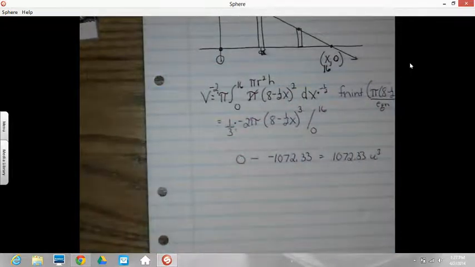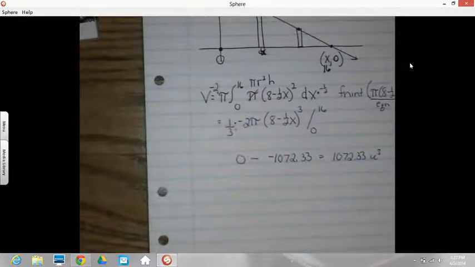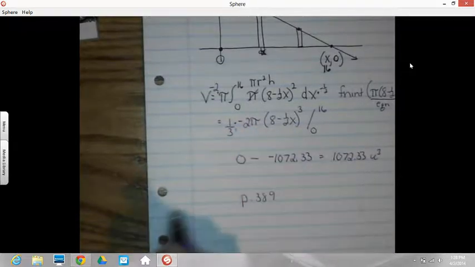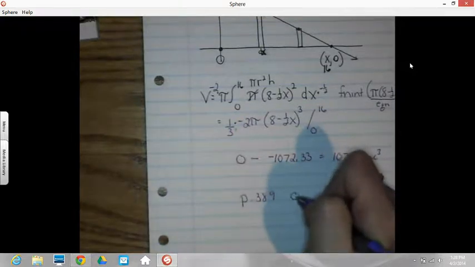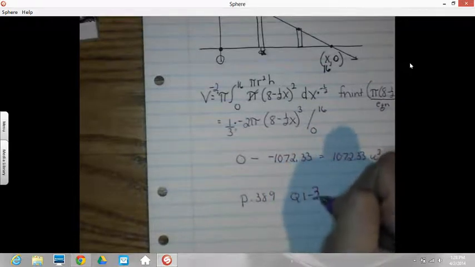Okay, so we're doing volumes of solids, doing cylinders today. Each day there's going to be a new shape, which makes it more challenging. So not too bad if you keep everything straight. You are going to do page 389, Quickies 1 through 3.